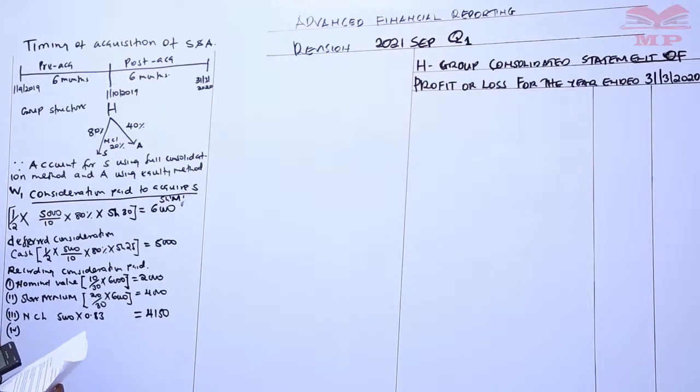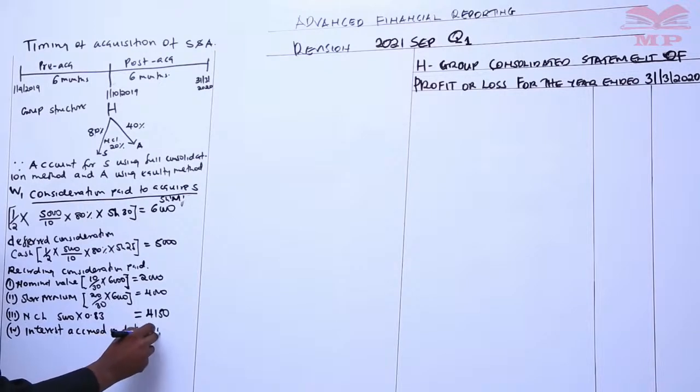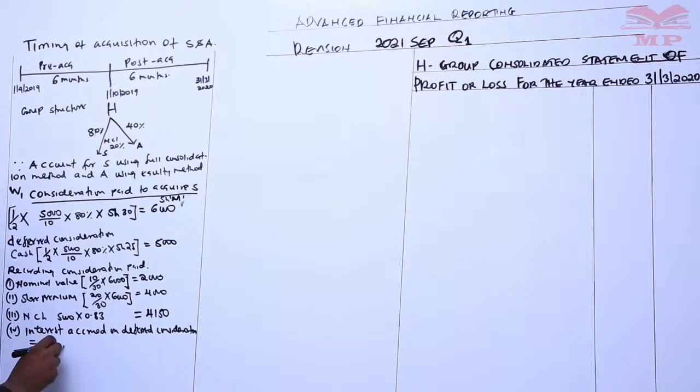You can see there is the cost of capital, which is 10%, so that is like the same as interest. So interest on deferred consideration is accrued. Interest accrued on deferred consideration is equal to 5,000 minus 4,150. That is 850.